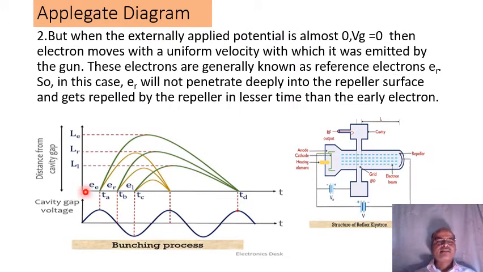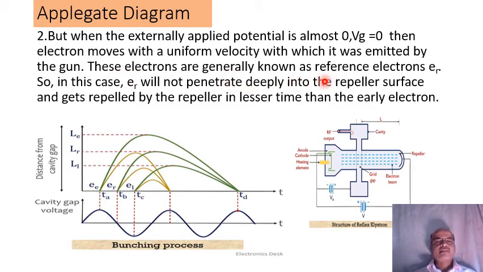Then the second case is the reference electron. Observe here, for the reference electron the gap voltage is 0, that is Vg equal to 0. Then the electron moves with the uniform velocity with which it was emitted by the gun.